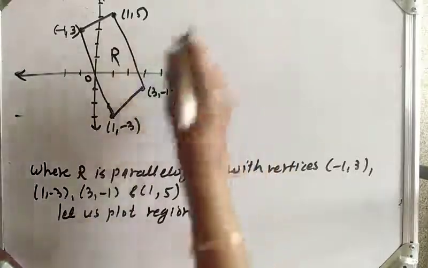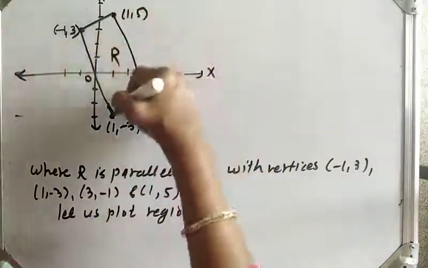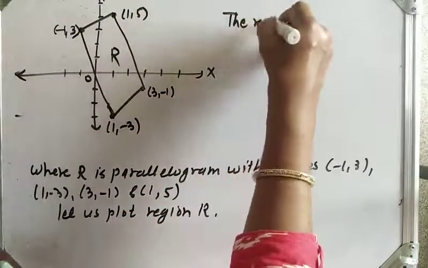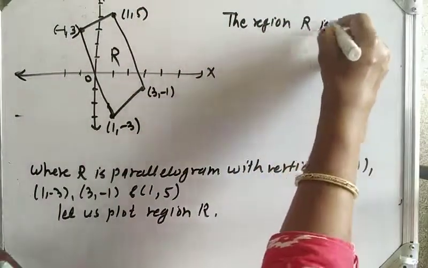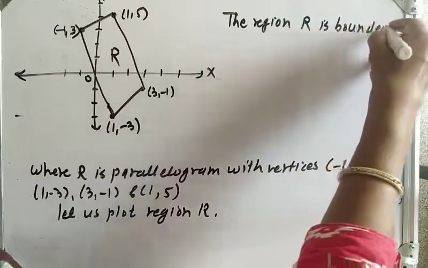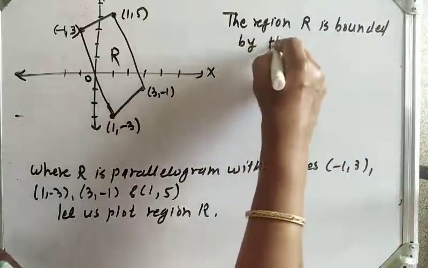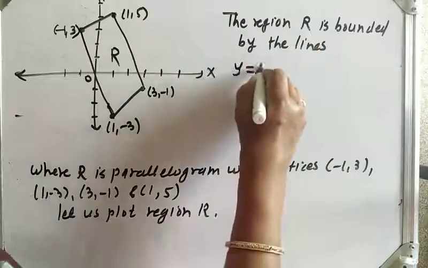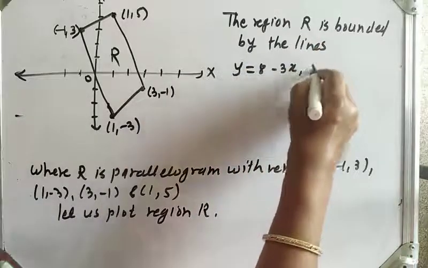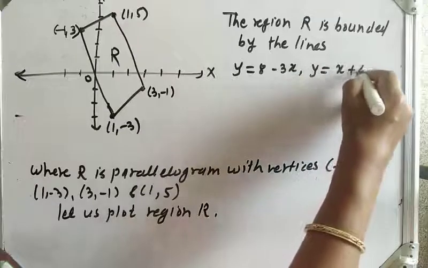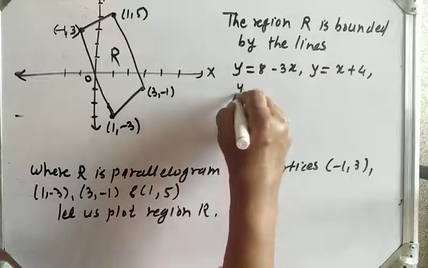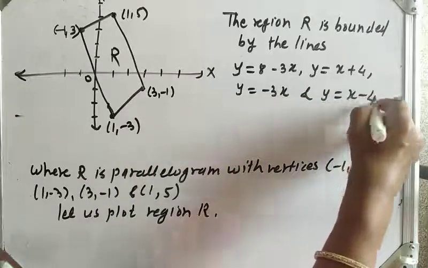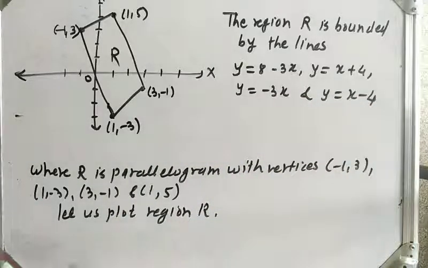So we will find these 4 lines, and we will get that the region R is bounded by the lines y is equal to 8 minus 3x, y is equal to x plus 4, y is equal to minus 3x, and y is equal to x minus 4.